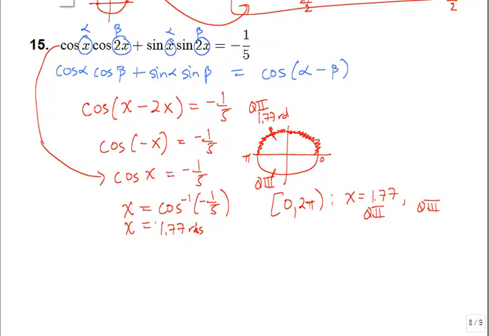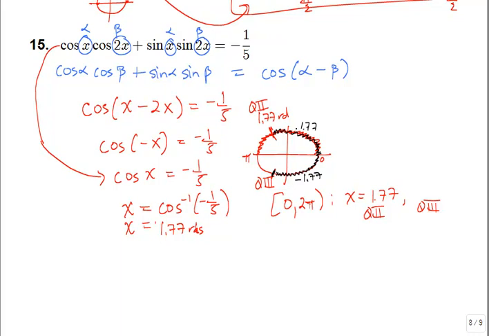So let's visualize what we've got going on. This much right here is that 1.77. So how can I use that to figure out what this mark down here is going to be? By symmetry, this amount down here would be -1.77, going in the clockwise direction.